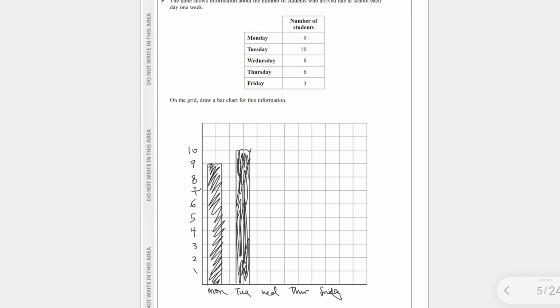Then Wednesday is 8. So that is Wednesday. Then Thursday is 6.